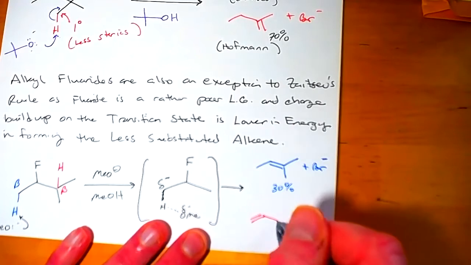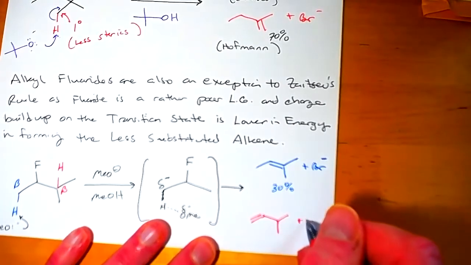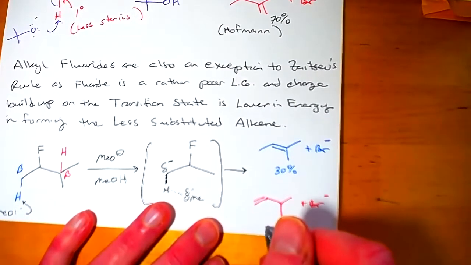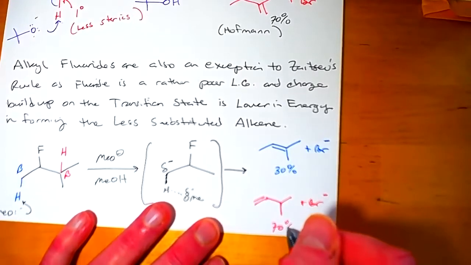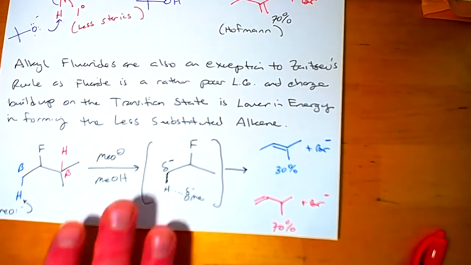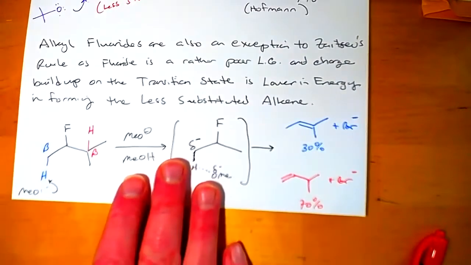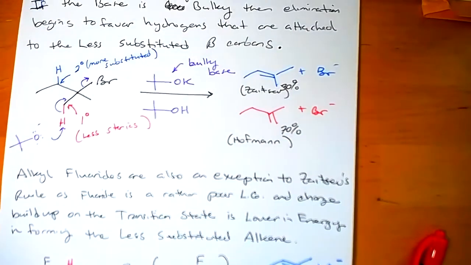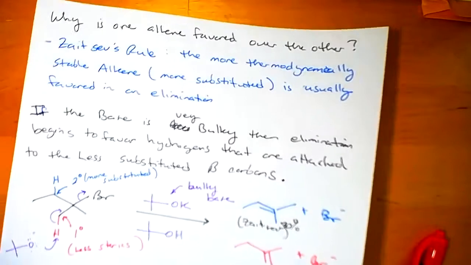And on the Hofmann product, closer to about 70% yield because of this phenomenon. So again, two notable exceptions there that deal with alkyl fluorides and bulky bases.